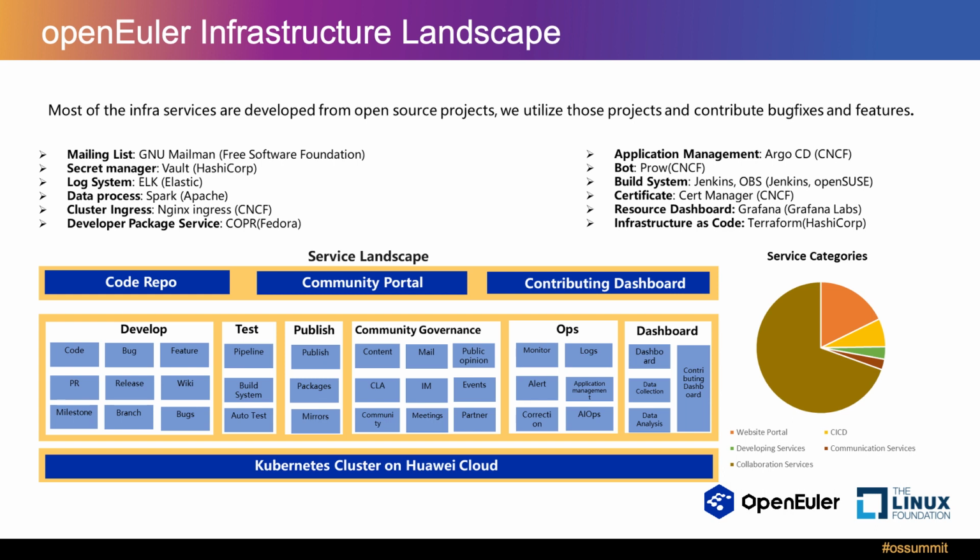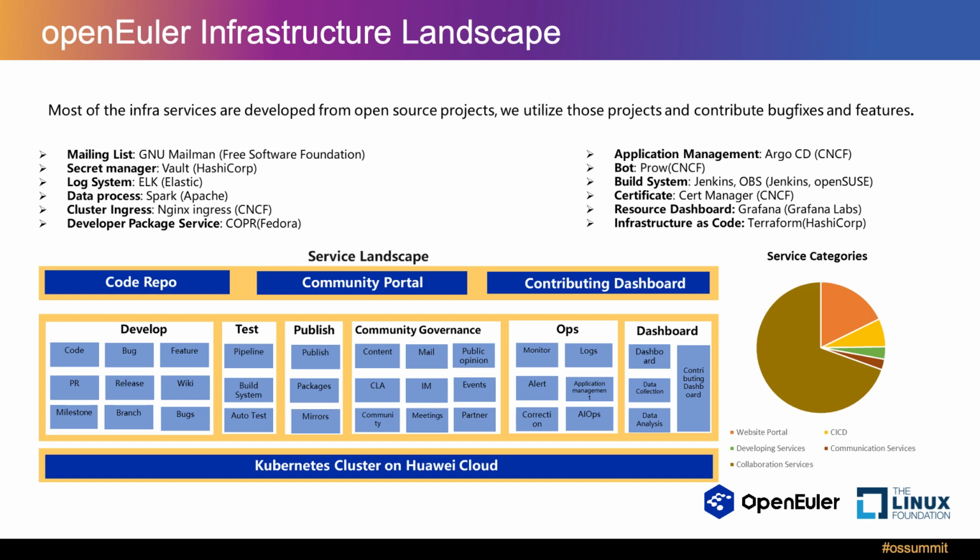We will use the openSUSE OBS, that is the Open Build Service, for the open source projects to build our packages and distribute our packages. We will also use Mailman, which you may know, as our mailing list assistant.